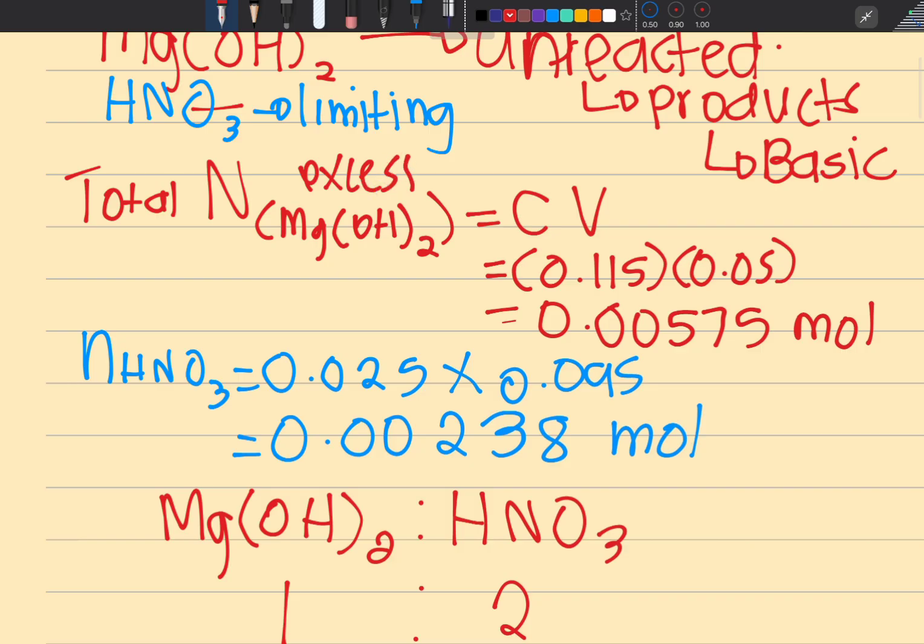I will be able to find it through the ratios, to say how many moles of Mg(OH)2 are needed to completely react with the HNO3, which is the limiting reactant.